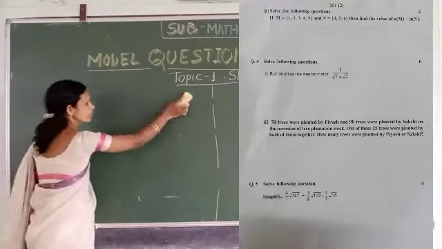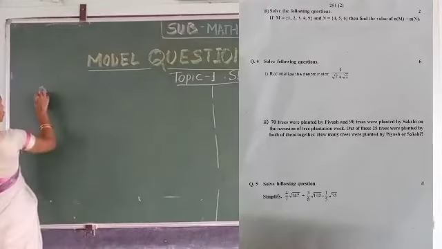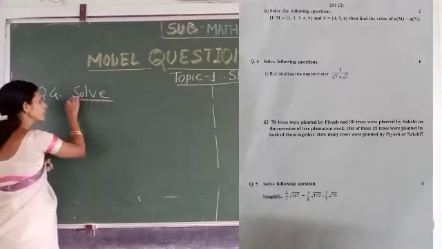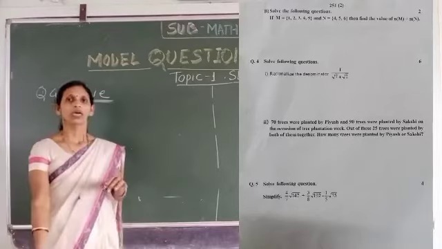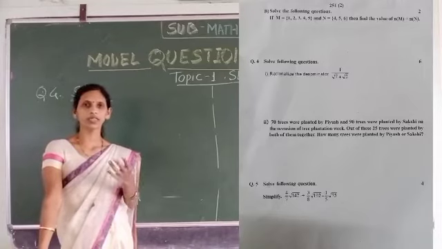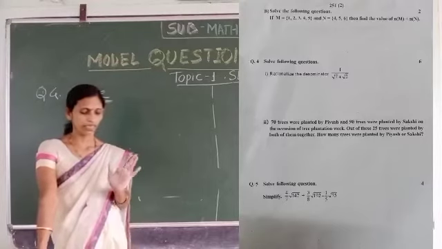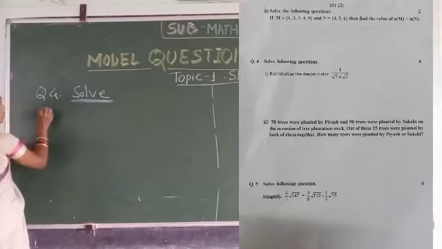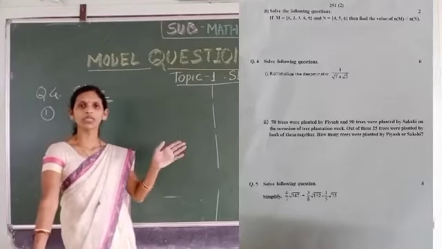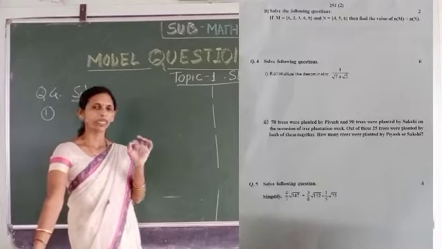Then here is question number 4, which has a few examples based on real numbers and rationalizing the denominator of real numbers or surds. Observe the question paper given in front of you on the screen of the blackboard.